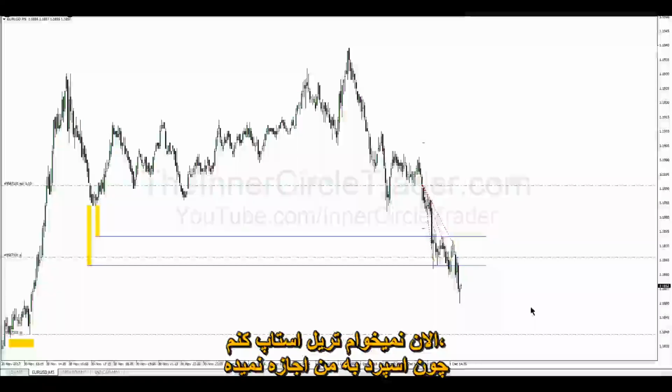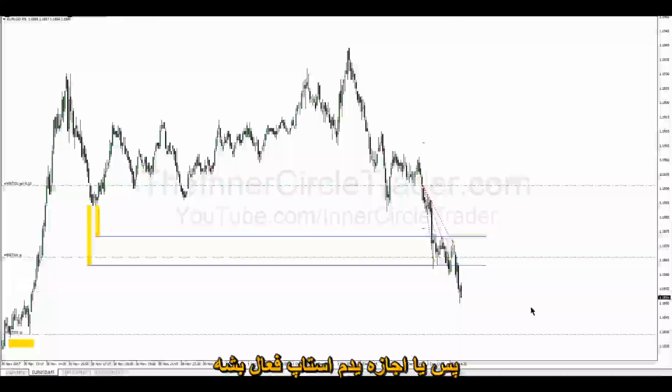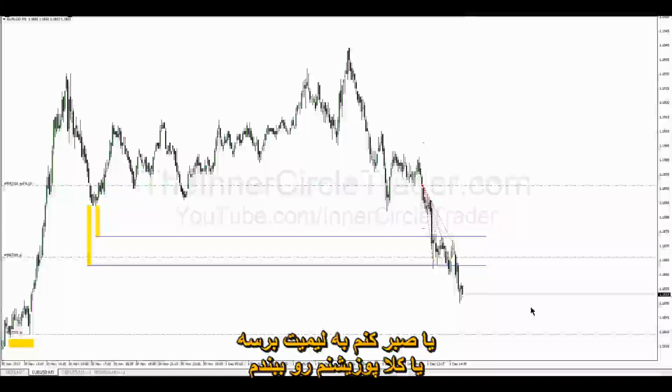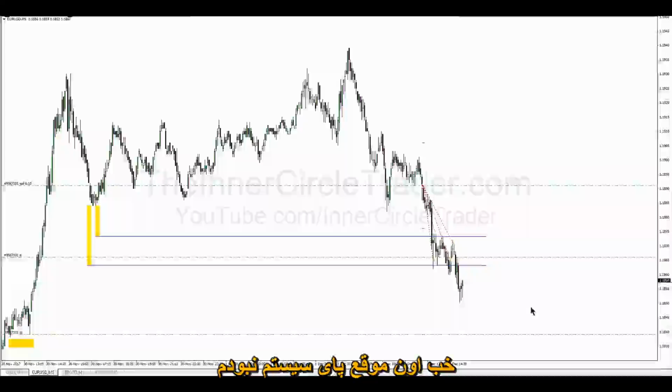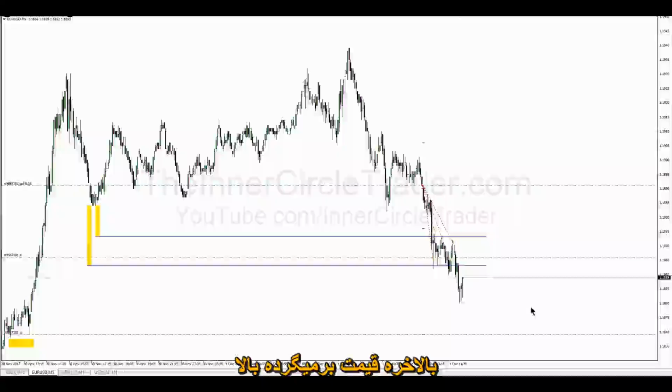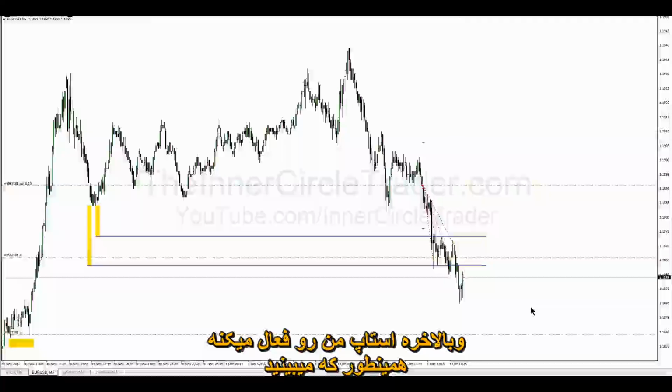So I'm not going to be able to move the stop because the spread won't permit me to do so. So I have to either allow my stop to be hit or my limit order to be taken, or I can collapse the trade. Now, I was away from the computer here at the time, but had I been there, I would have been collapsing right now. But ultimately, the price comes back up, and it does, in fact, stop me out eventually, as you'll see.